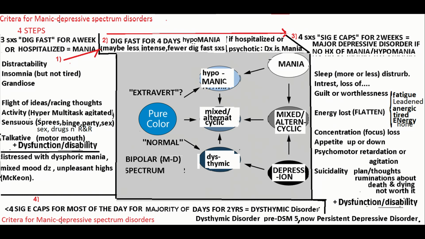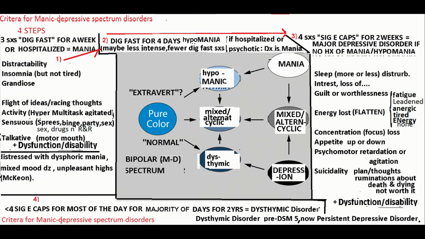And with hypomania, sometimes it's not intense or disruptive, and people can actually get a lot done and be creative and productive in those states if they're not disruptive and causing dysfunction and disability. If people with hypomania are hospitalized or psychotic, they're by default diagnosed as mania.